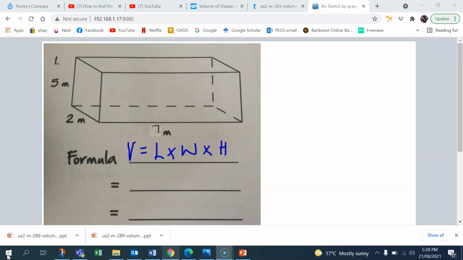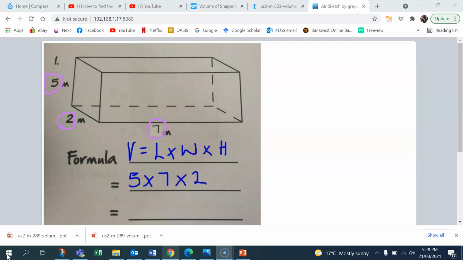So that means that we need to multiply this number, this number, this number, and this number together. So this is what our equation will look like. Let's do 5 times 7 times 2.